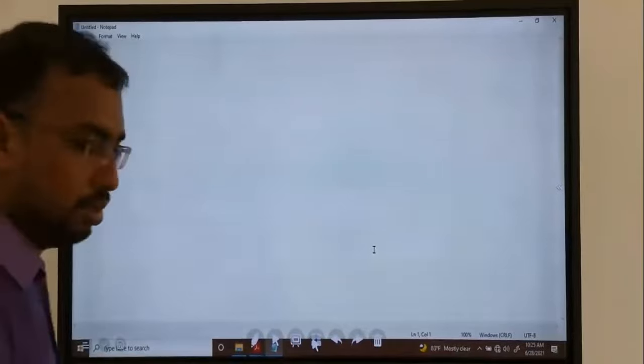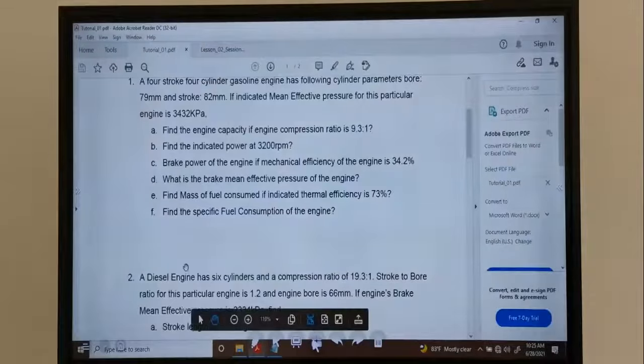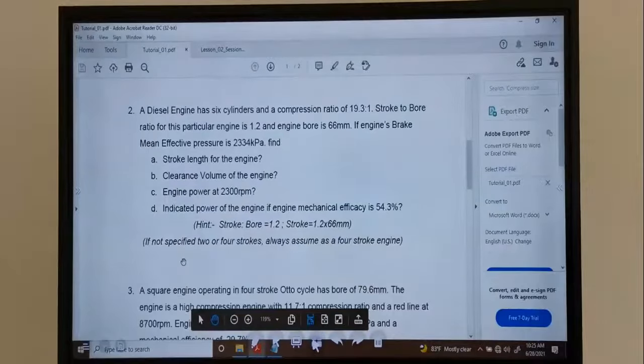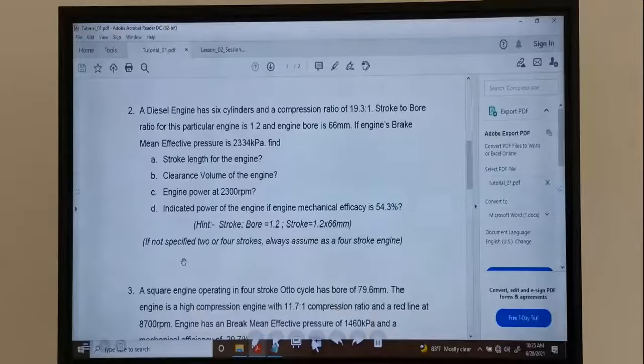So now we start the second question. The diesel engine has 6 cylinders and the compression ratio is 19.3 to 1. The stroke to bore ratio for this particular engine is 1.2 and the engine bore is 66 millimeter.